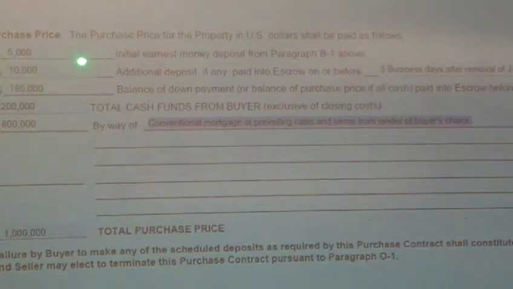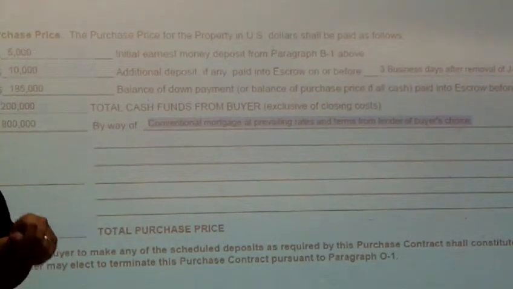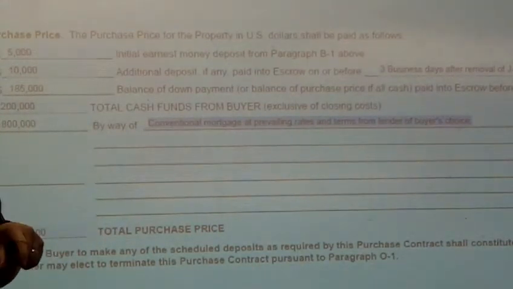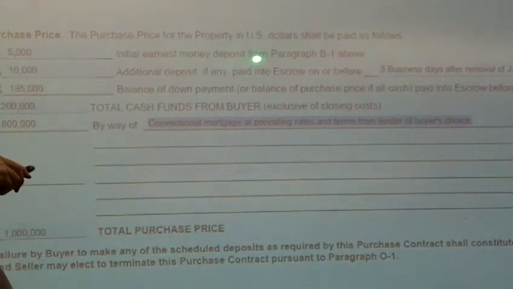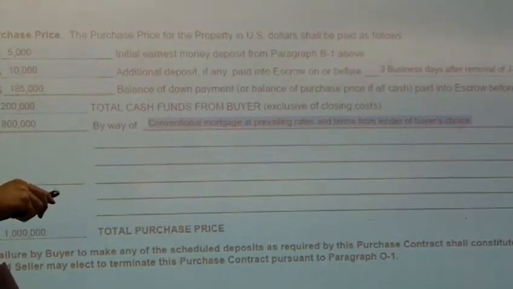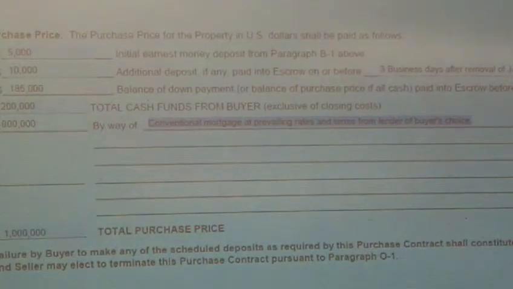The second part is the additional deposit. First is the earnest money that the buyer is putting up. And the second part is, once we pass a certain point, it says here, paid into escrow, additional deposit if paid into escrow on or before, and there's a date that there's additional money to be paid in.